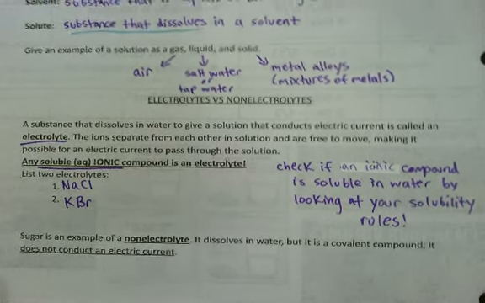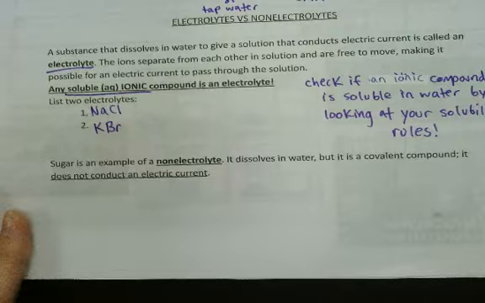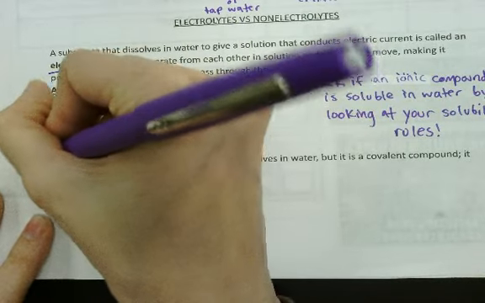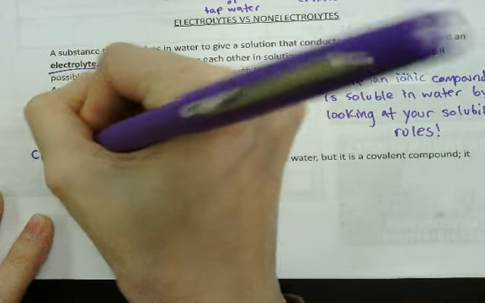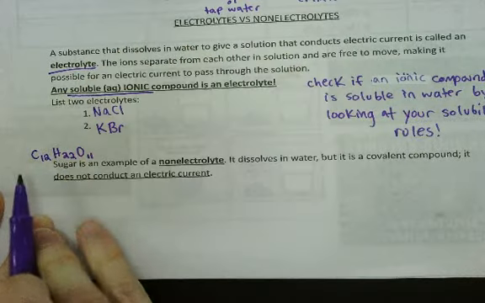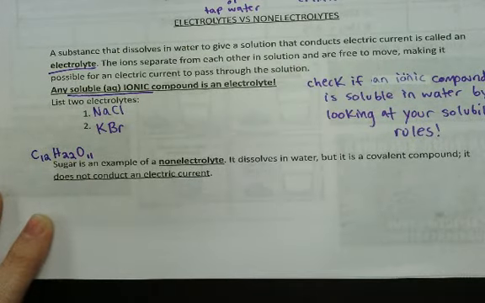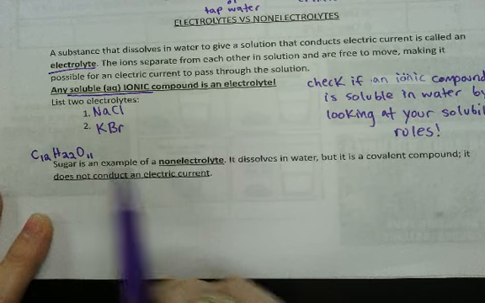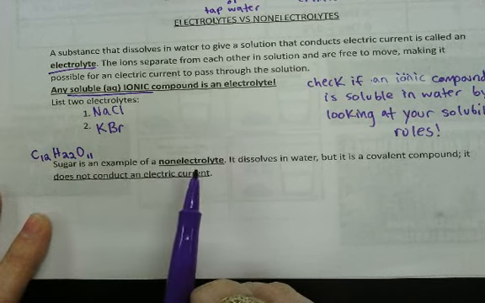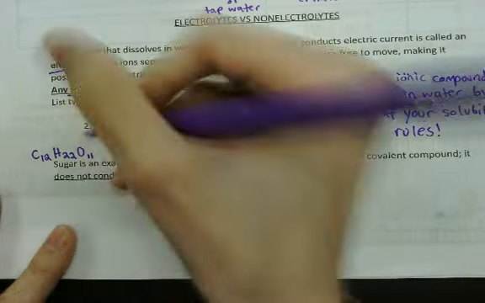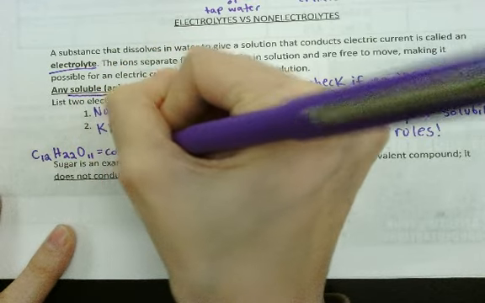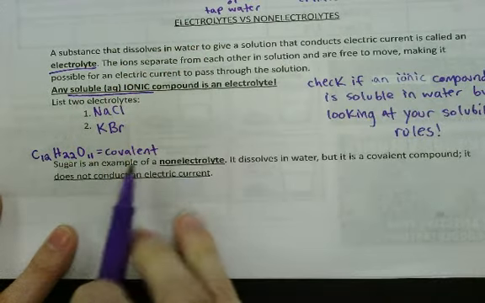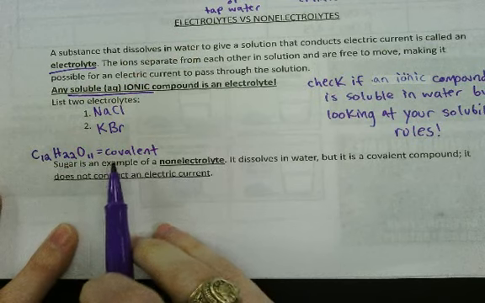On the other hand, sugar, sucrose, common table sugar, has this chemical formula, C12H22O11. This is an example of a non-electrolyte. So this is a covalent compound. It will dissolve in water.